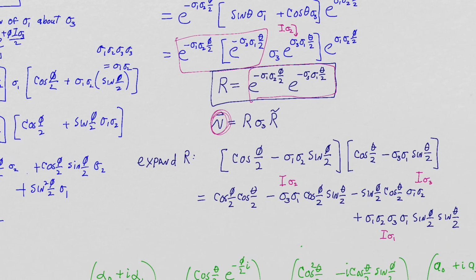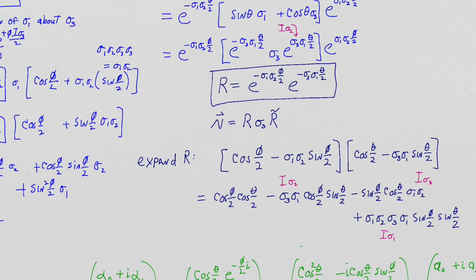So when I'm all done, the vector n is just this rotor, and here's phi, and here's theta. So those two numbers that define n are actually embedded in this rotor, and now n is just sigma 3 rotated with this rotor, right?